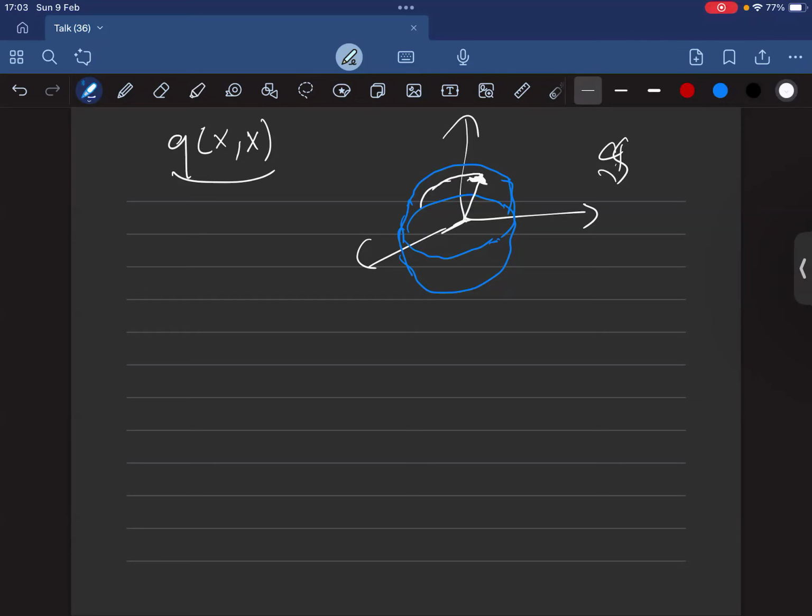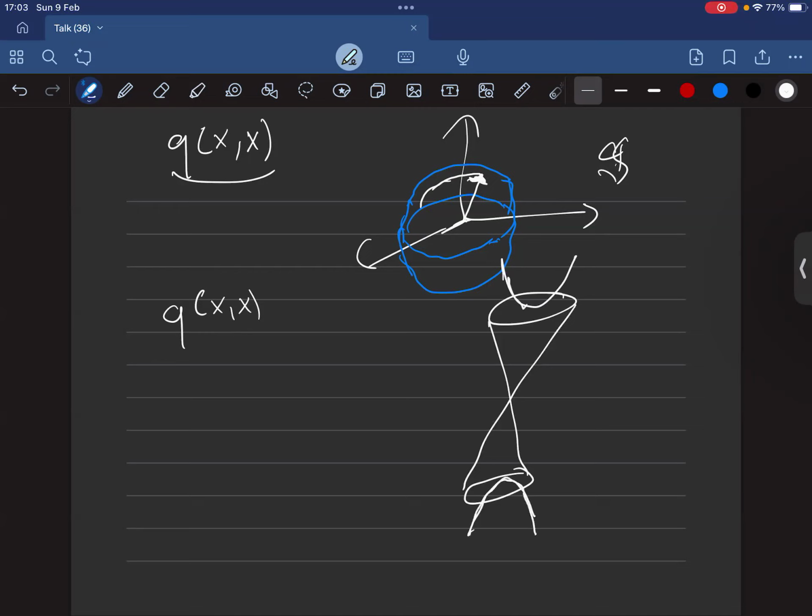Okay. The case of Lorentzian metrics. So for this Q(x, x), the level sets will be of this form. If it is 0, this will give you the cone. If it is negative, it will give you these two nappes.